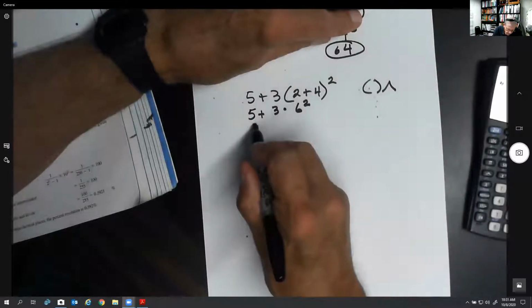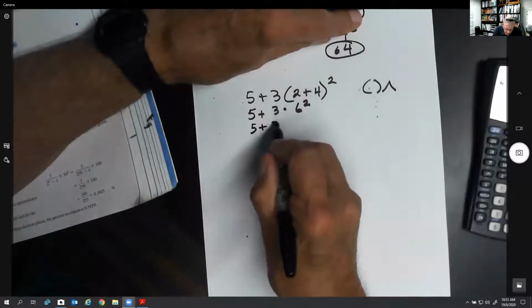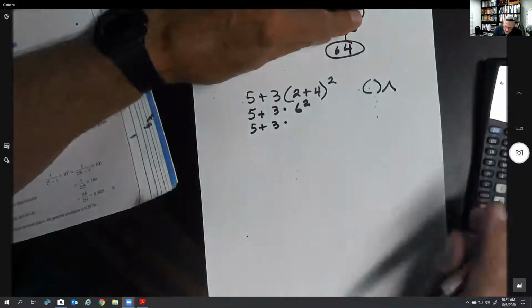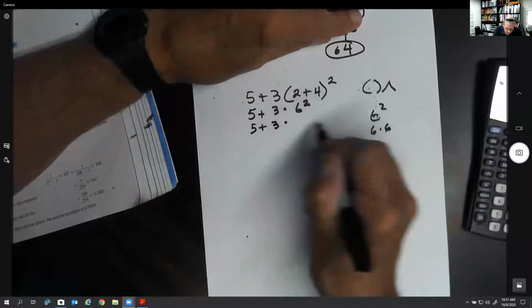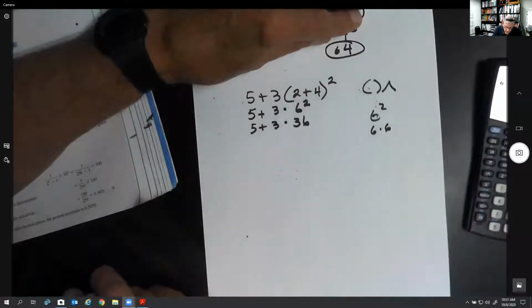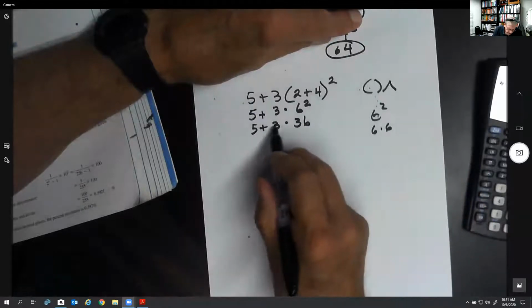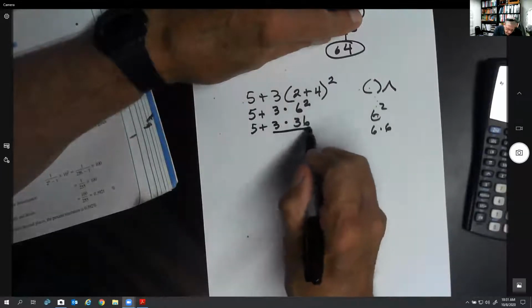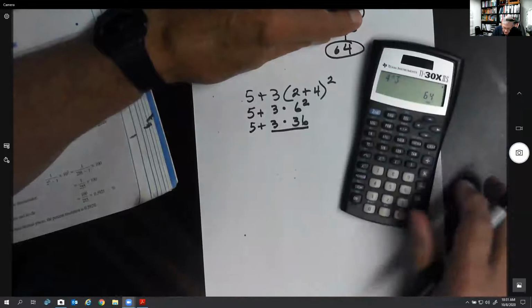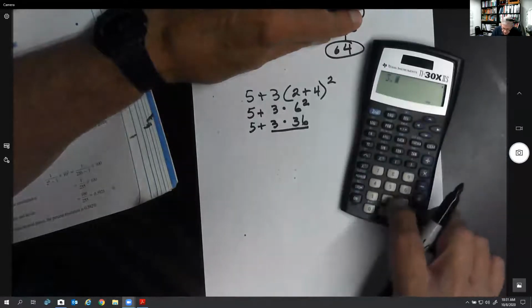Power. So I'm not going to add the 5 and the 3. This is going to be times 6 times 6, 36. Okay, now you're thinking 8 times 36. No, you must do your multiplication next. 3 times 36.